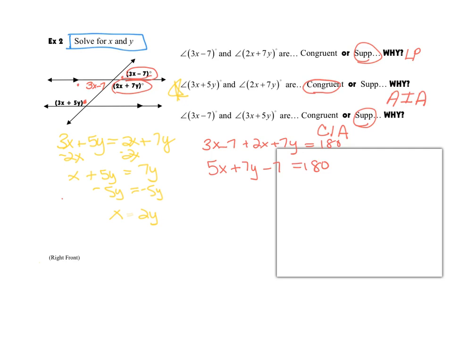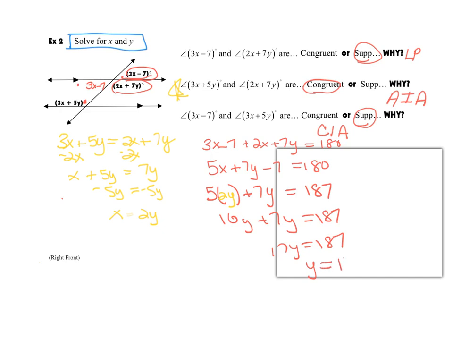And so now I know what x is. I know that x is 2y. So I'm going to put 5, and then in place of that x, I'm going to substitute in 2y. And I'm also going to move this 7 over to the other side. And so now I'm going to have 10y plus 7y equals 187, which is going to give me 17y equal to 187, and y will equal 11.